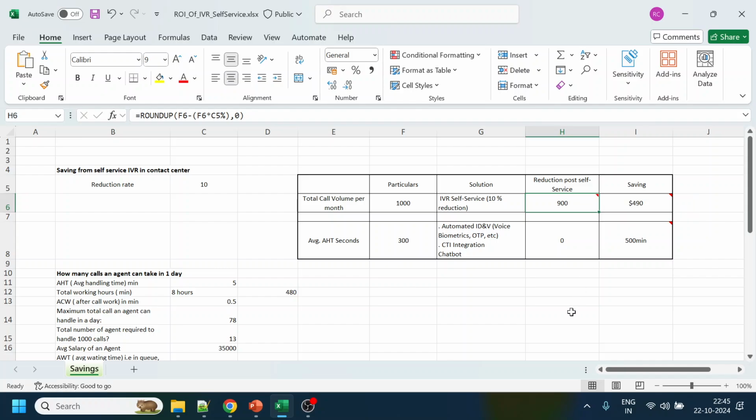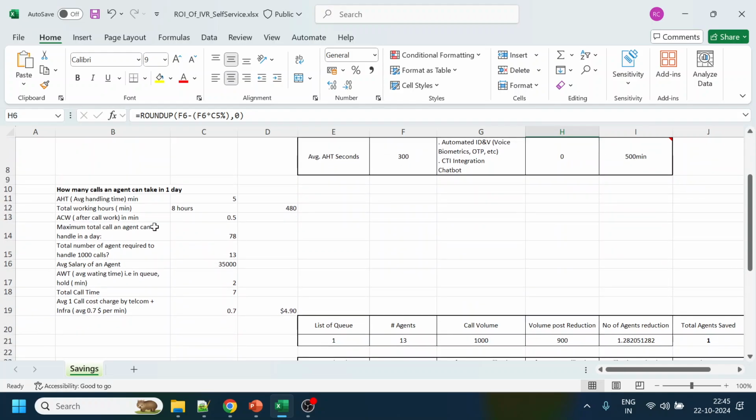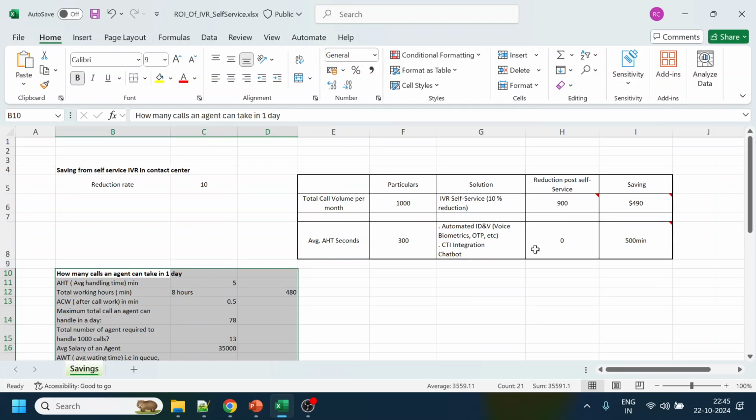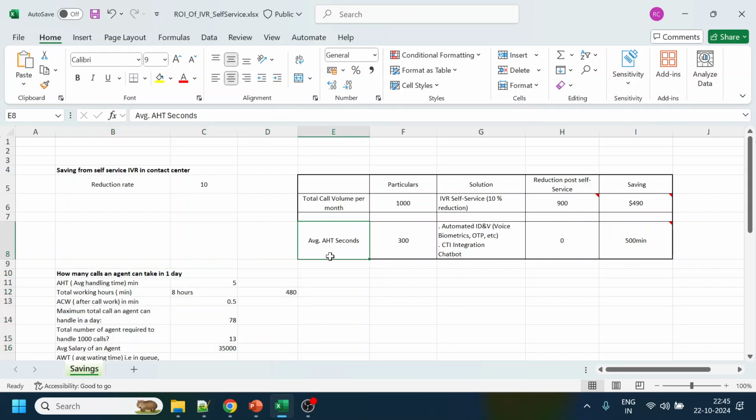Okay. And there are certain scenarios that I have mentioned over here, which I will explain, because this is required to understand the return of investment. There are some terms which I have used, like AHT, average handling time. That is the average time an agent requires when speaking to a customer to resolve the issue.